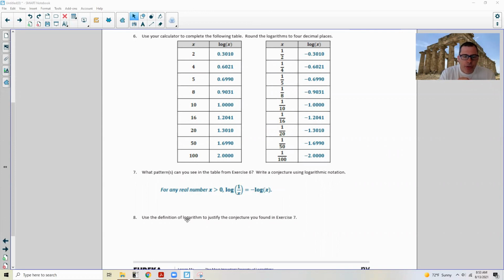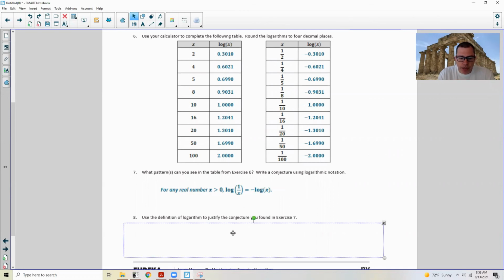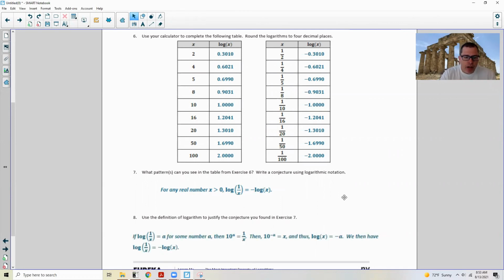Number 8 says to use the definition of logarithm to justify the conjecture you found in exercise 7. So if log of 1 over x equals a for some number a, then 10 to the power of a equals 1 over x. Then 10 to the negative a equals x, and thus log of x equals negative a. So we then have log of 1 over x equals the negative log of x.